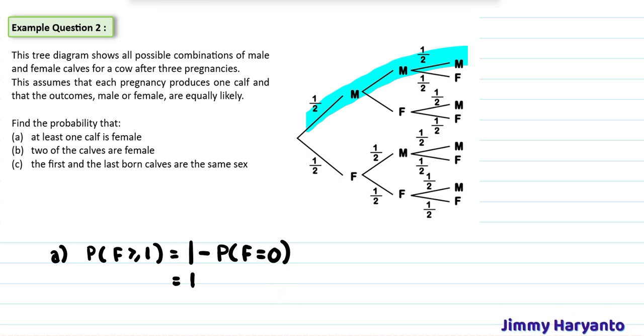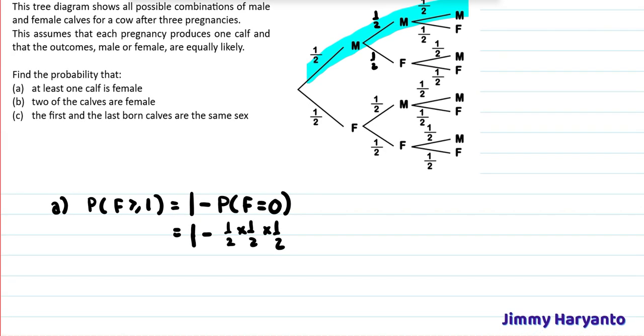That means all of them are male. That means the probability will be, oh, I forgot to put this one. So that part will be half times half times half. So this is the smart way to solve this problem. So you have 7 over 8 as the result.